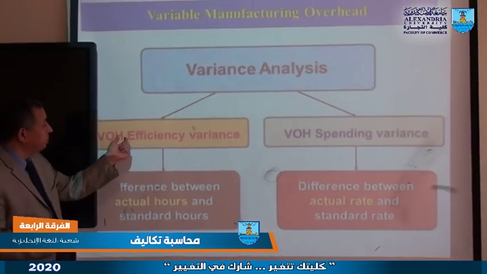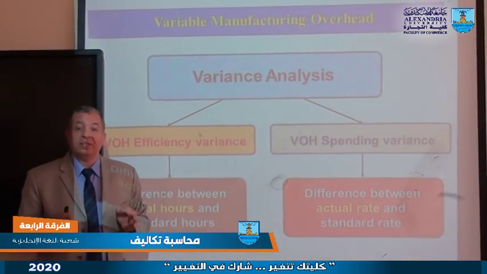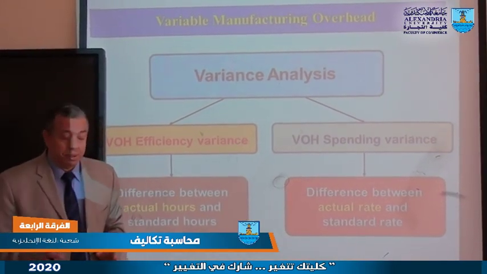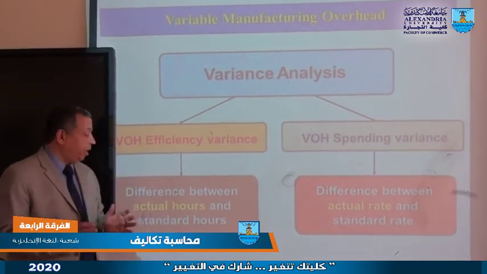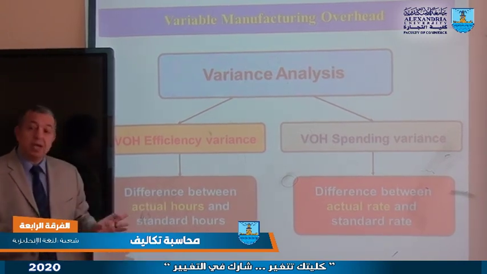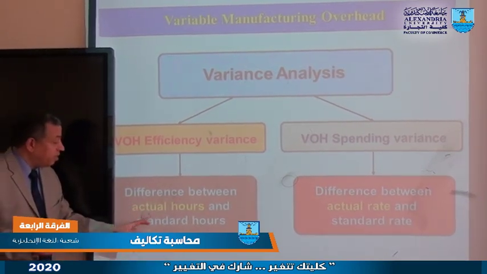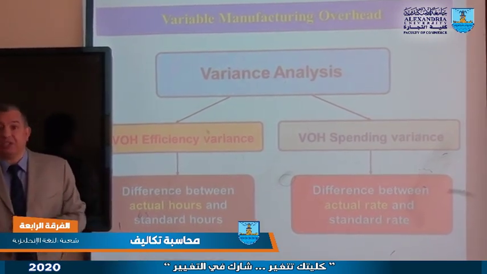The first one is efficiency variance, like the efficiency variance of direct labor. Efficiency variance is the difference between actual hours and standard hours, regardless of the base of the budget.